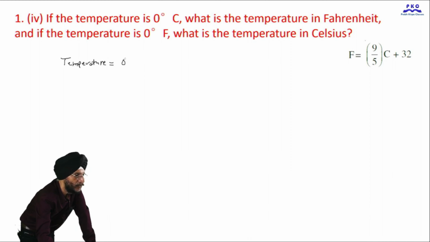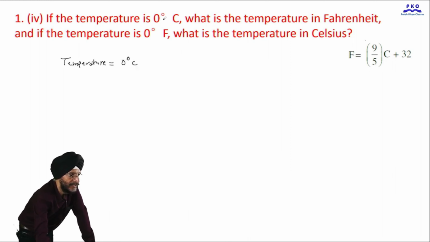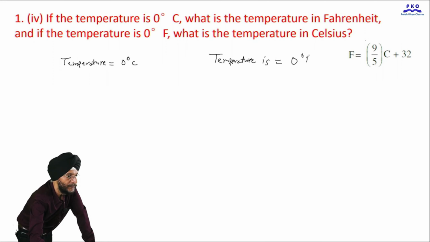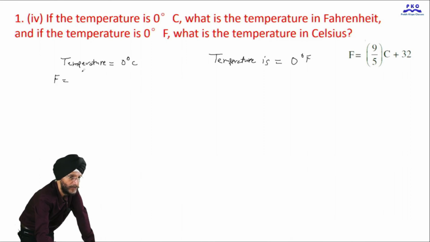Temperature is equal to 0 degrees Celsius, and the next situation is temperature is equal to 0 degrees Fahrenheit. So now what is the equation? We will rewrite the equation on both sides. F is equal to 9 over 5 into C plus 32.